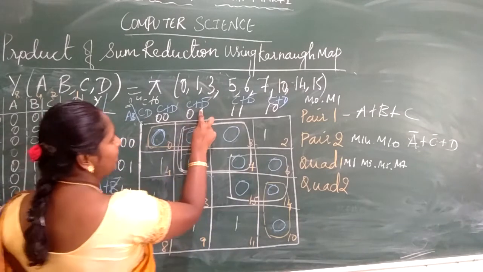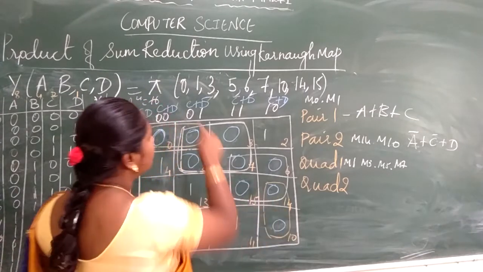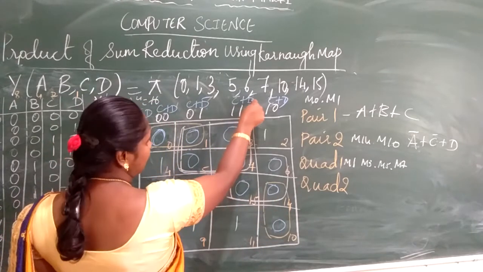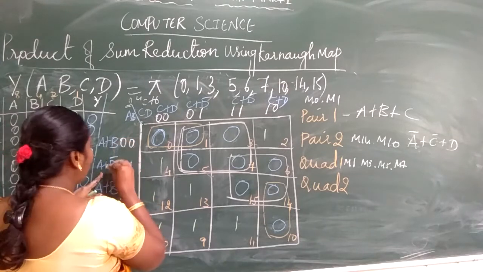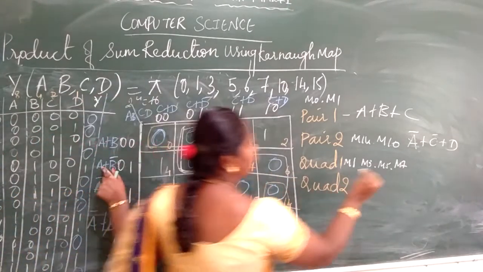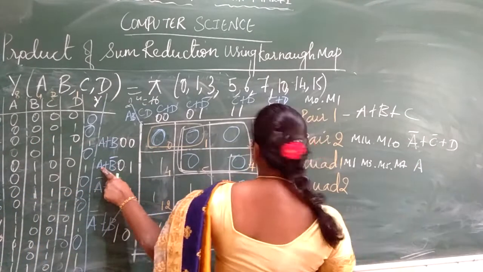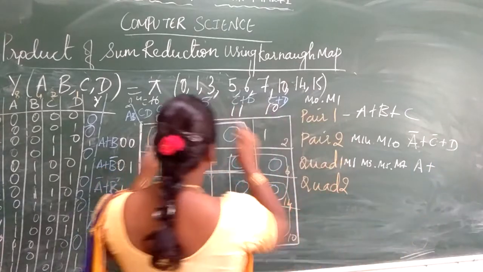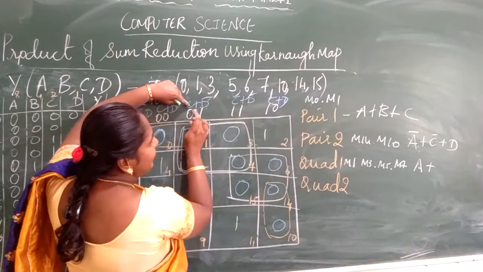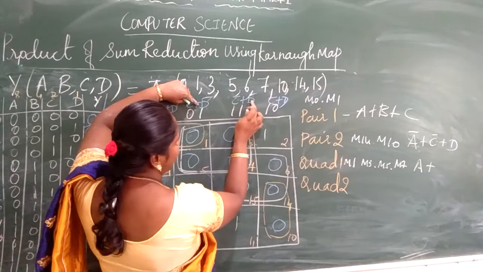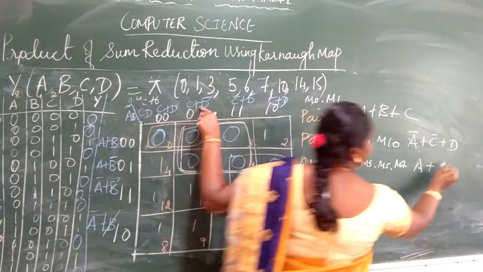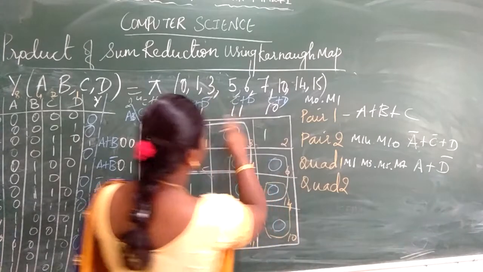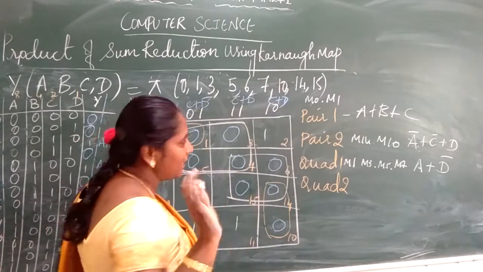Here in a quad, variables change: c plus d bar, and c bar plus d bar. So in a plus b bar, b bar gets cancelled. The left out in vertical is a. Here in these two horizontally, c plus d bar, c bar plus d bar, so c gets cancelled. Left out is d bar. Got it? D bar. So quad 1 has been solved.